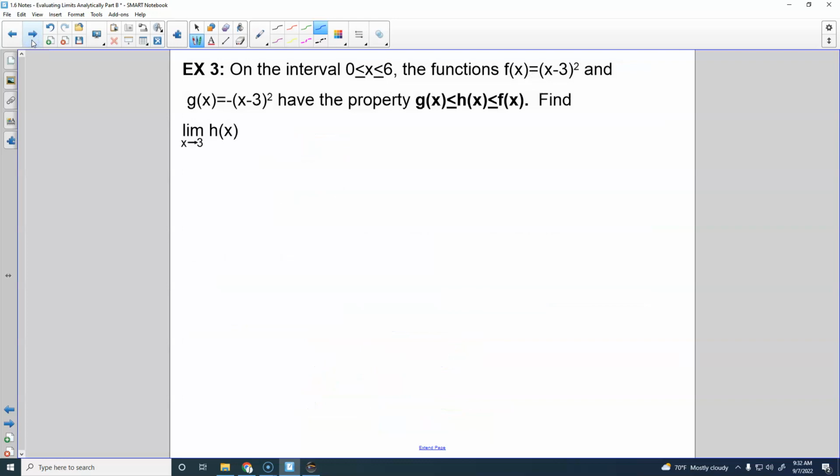Okay. Here's a different type of problem we're going to see. On the interval from 0 to 6, the functions f of x equals (x minus 3) squared and g of x equals negative (x minus 3) squared have the property that g of x is less than or equal to h of x less than or equal to f of x. We need to find the limit as x approaches 3 of h of x.